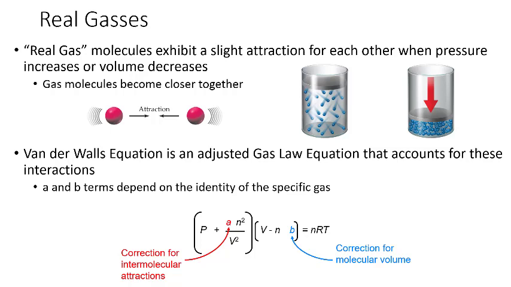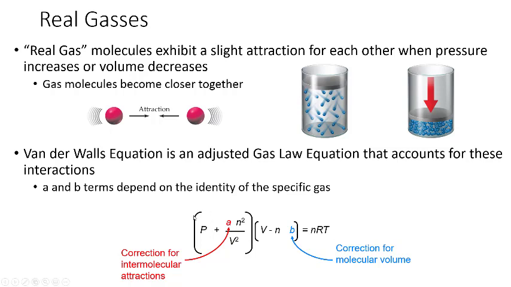So this introduces the van der Waals equation, which is an adjusted gas law equation that accounts for these intermolecular interactions when we are increasing our pressure or decreasing our volume of our gas. So we can see that this equation sort of mimics our ideal gas law equation, where we have a pressure term and a volume term is equal to nRT.